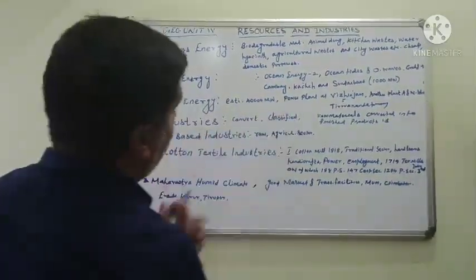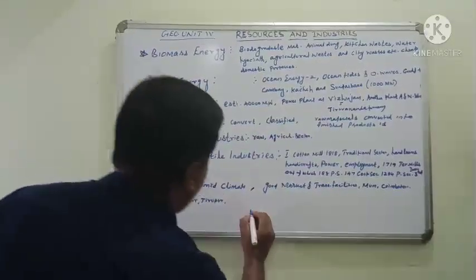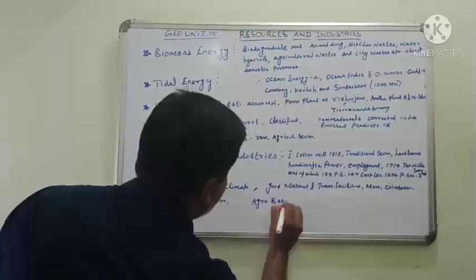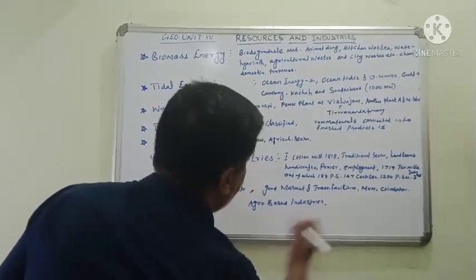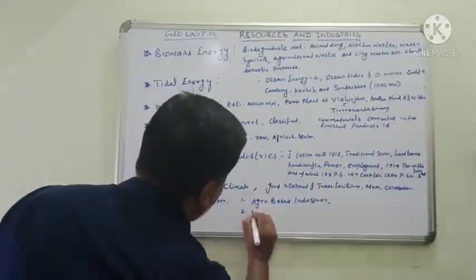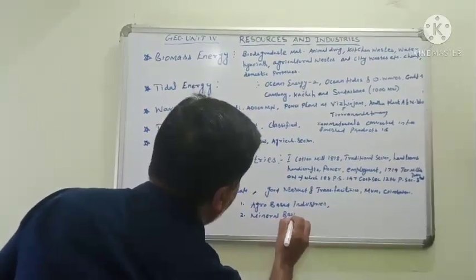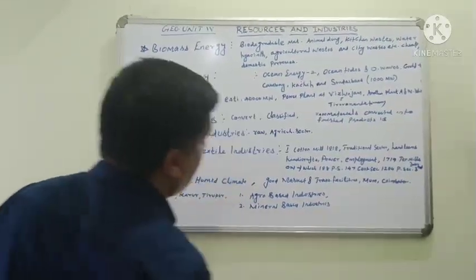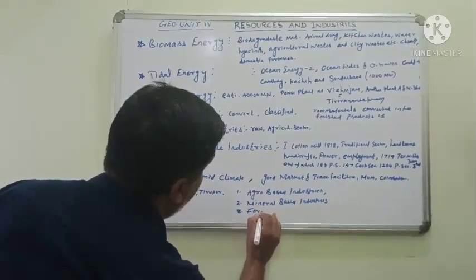Industries are classified into three. One is agro-based industries, second one is mineral-based industries, and third one is forest-based industries.